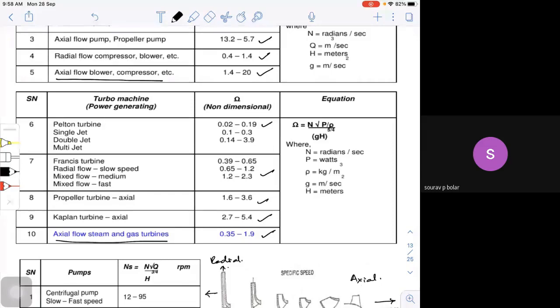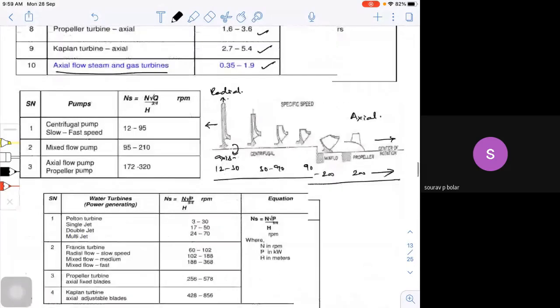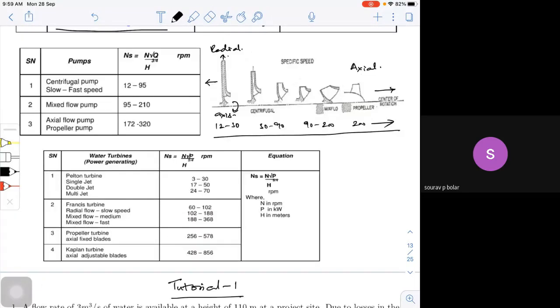But even there we can see a little bit of radial. As the number slowly keeps increasing, the flow will become more and more axial.